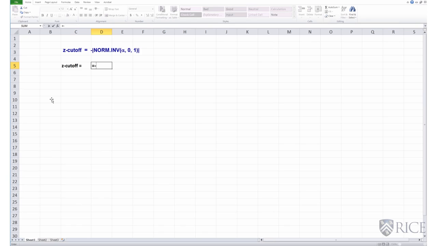So a negative, then the ABS function, open parenthesis, norm.inv, open parenthesis, the value of alpha, which in our case is 0.05, comma 0, comma 1, close parenthesis, and then to match up the parenthesis one more close parenthesis. So that will give me the value of my z cutoff, which is a negative 1.6449.